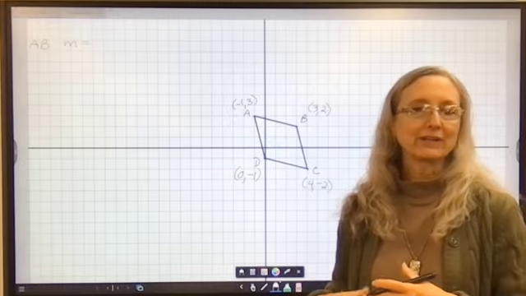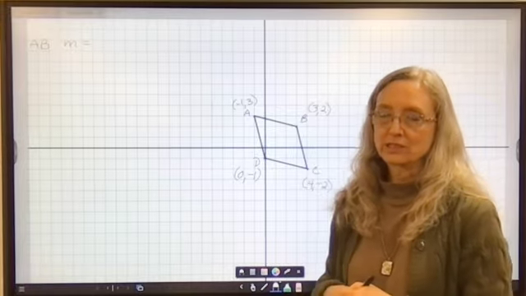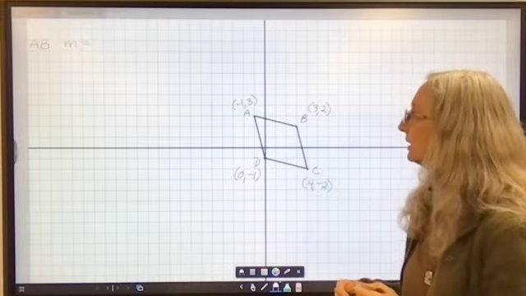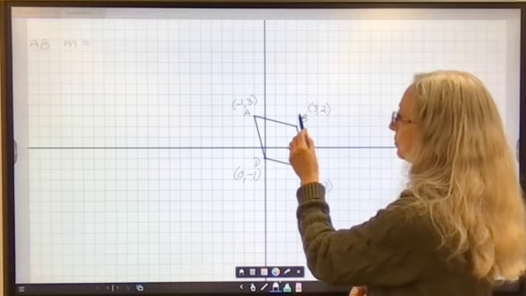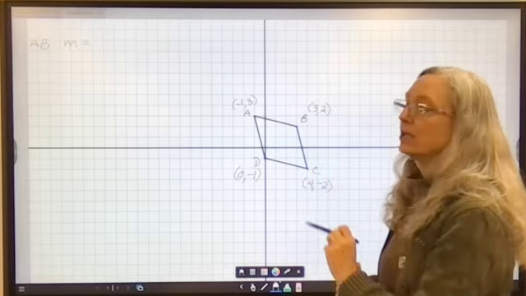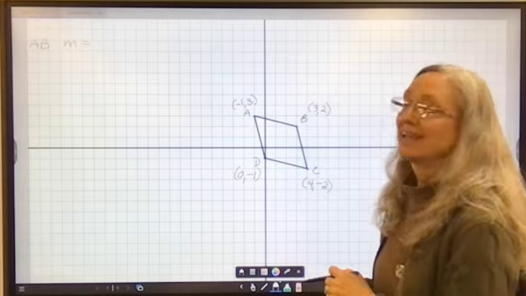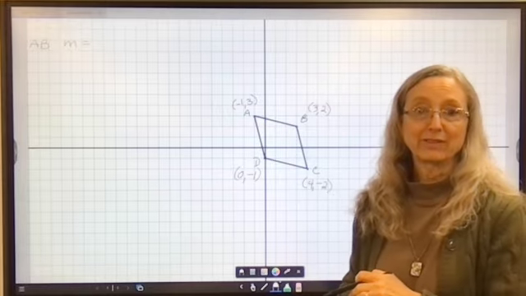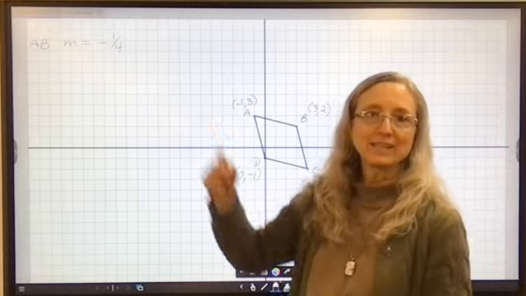Since it's on a graph and everything's numbered by ones, I can count squares, which is a little easier than using the formula. So to go from B to A, I would go up, my rise is 1, and I'd go to the left, 1, 2, 3, 4. So my slope is 1 over -4, or -1/4.